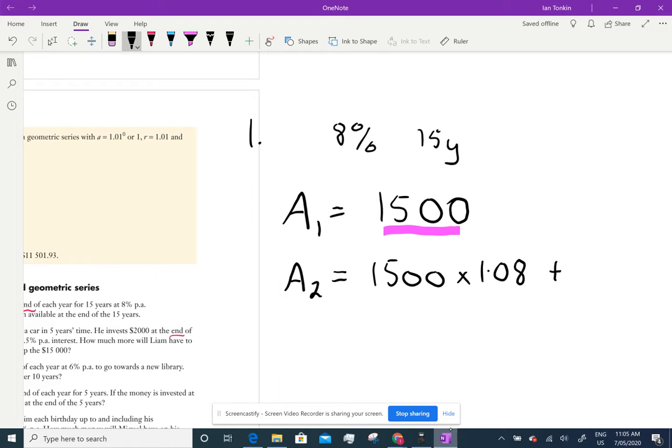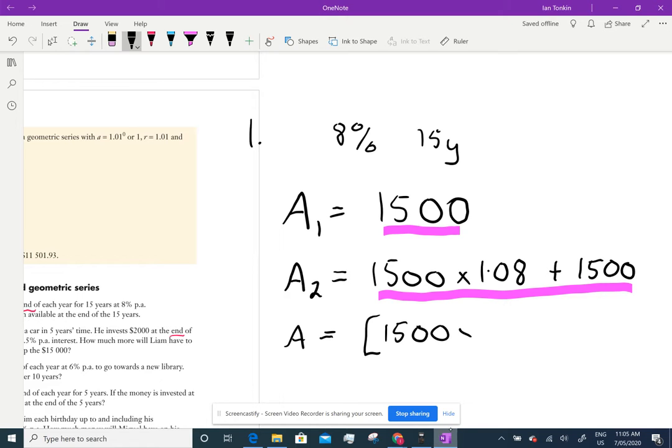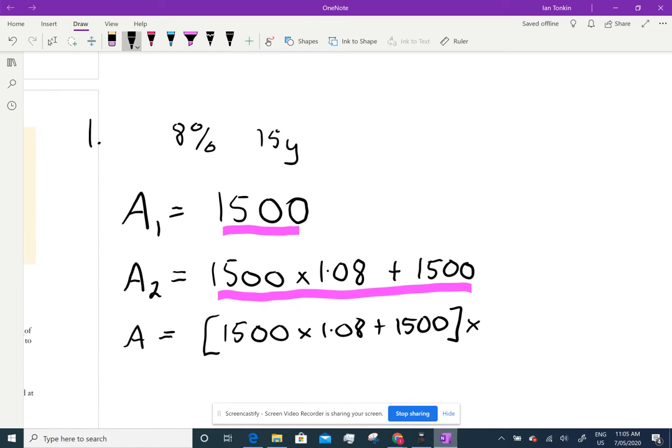Plus, another $1,500 is deposited. We'll do one more. All this money that was in at the second year, at the end of the third year, will have earned 8%. That's all the money that was in at the second year, and it's all earned 8%.